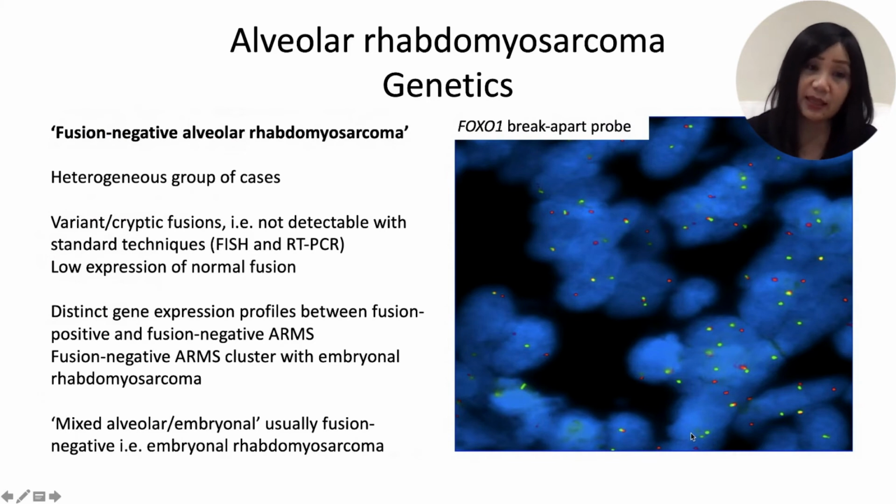There appear to be distinct gene expression profiles between fusion-negative and fusion-positive alveolar rhabdomyosarcomas, and it's currently thought that the fusion-negative ones are actually embryonal rhabdomyosarcomas that are likely misdiagnosed as alveolar.